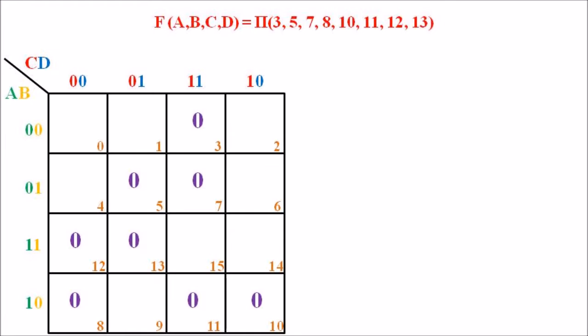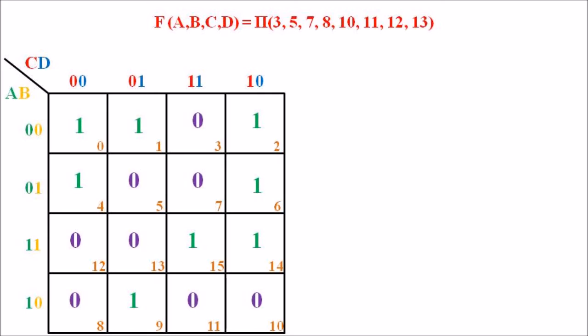We have to mark the value 0 on the cell numbers 3, 7, 5, 12, 13, 8, 10, and 11, and the rest of the cell positions should be marked with the value 1. Next, we have to identify the different pairs for this K-map.